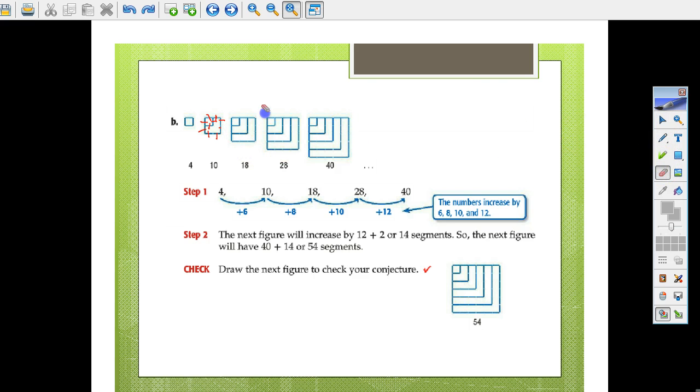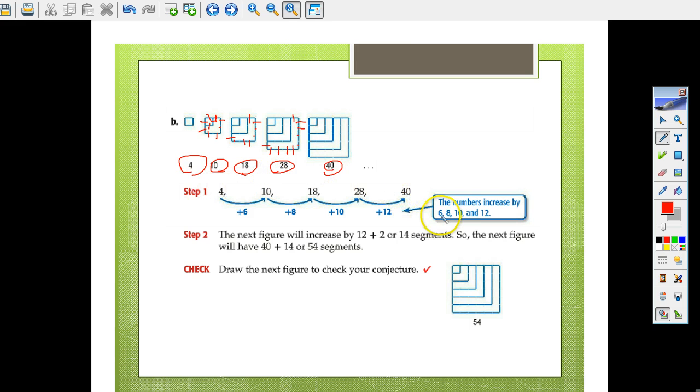It's not really clear on this slideshow, but you had the 10 here, and then 11, 12, 13, 14, 15, 16, 17, and 18 here. The next one, you have the 18, and then you have 19, 20, 21, 22, 23, 24, 25, 26, 27, 28. So it looks like you have 4, 10, 18, 28, 40.